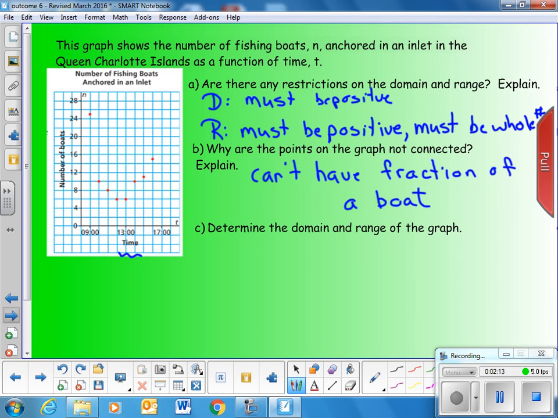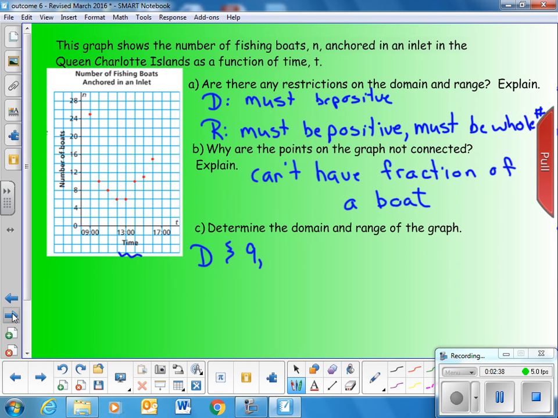Part C, determine the domain and range of the graph. So let's look at our domain. Because it is a set of points, our domain should be listed out. So what are all of the different times that we have? Well, our first time on our graph is 9 o'clock. 9 o'clock is our first one.